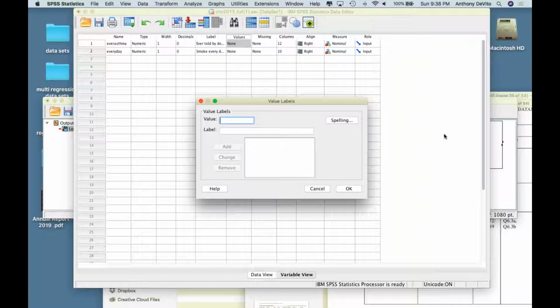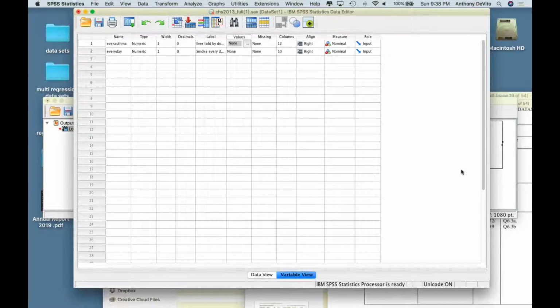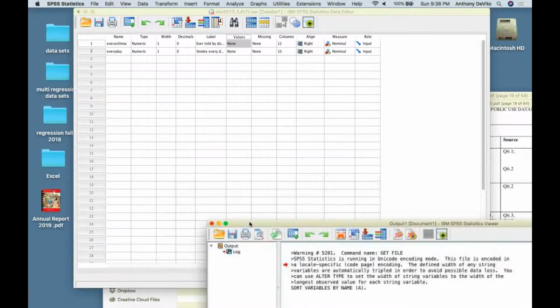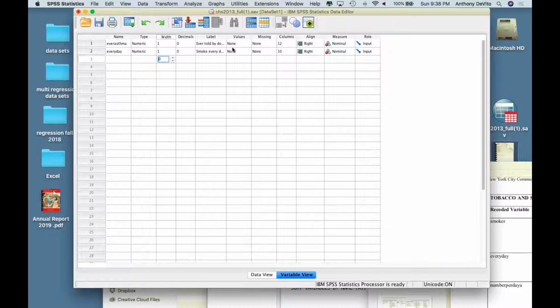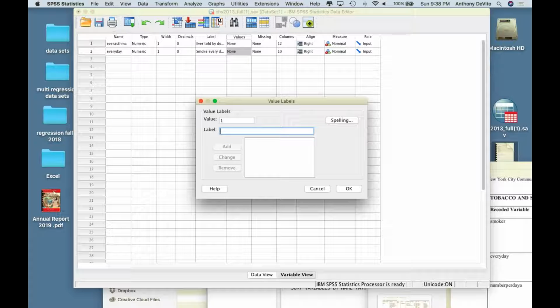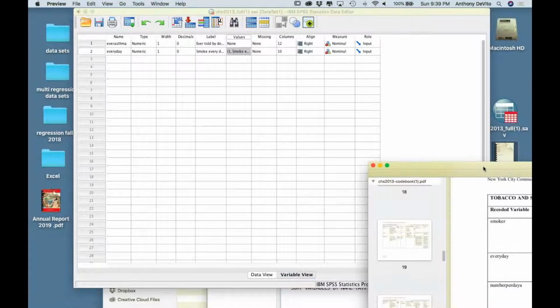So I'm just going to fill in these values here. For every day, 1 was yes and 2 was no. So in values, 1 is smoke every day, and 2 is smoke occasionally. And what about ever asthma?